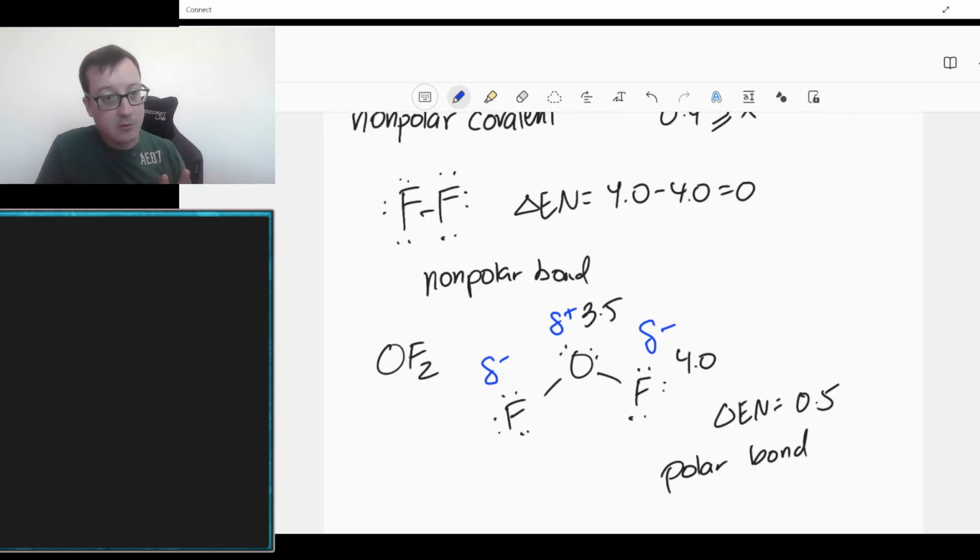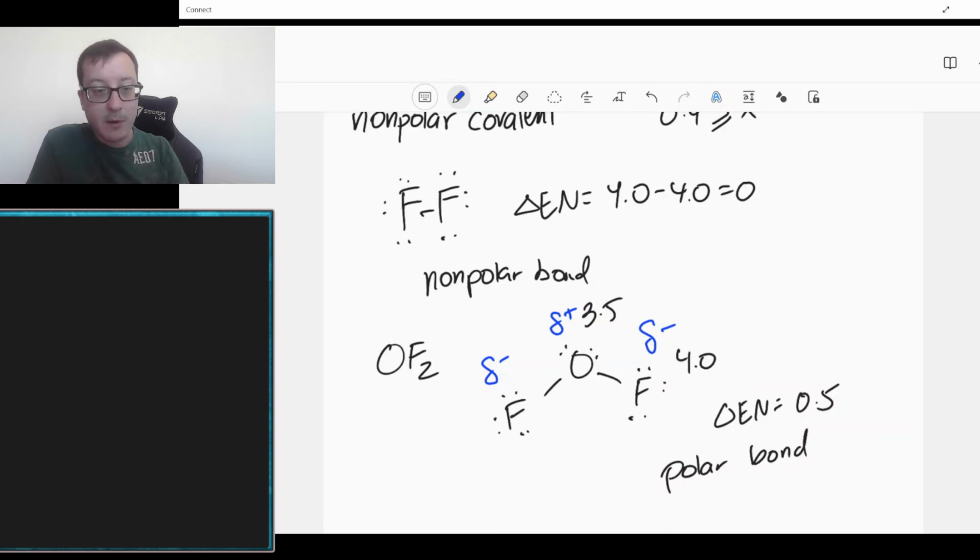And there's no need to put two delta positives because these are partial charges. We don't really worry about the magnitude too much. You can calculate it if you really want to. There is a formula for it. Q times D will give you the dipole, but we'll talk about that next week.